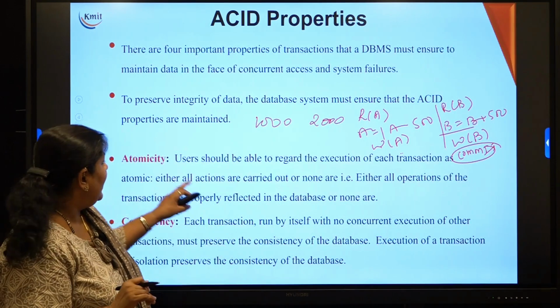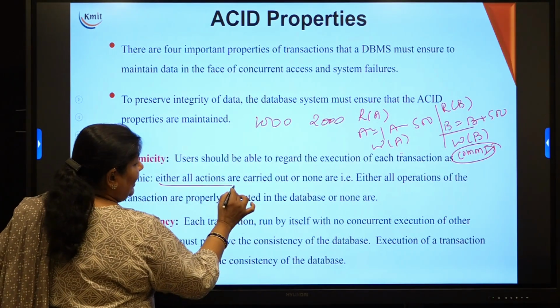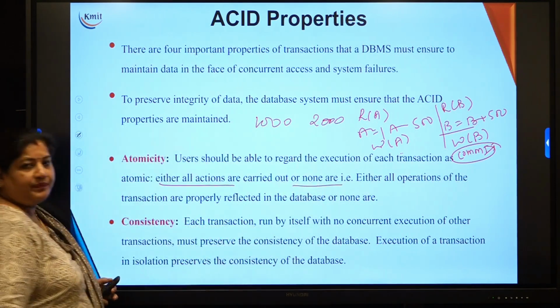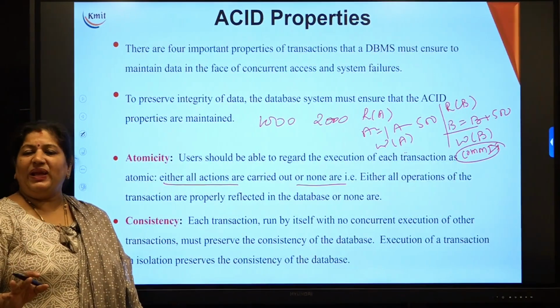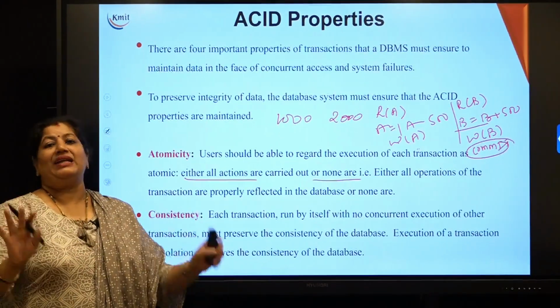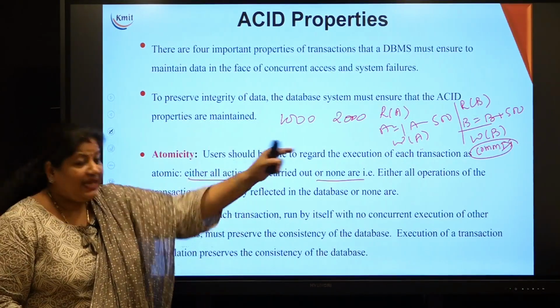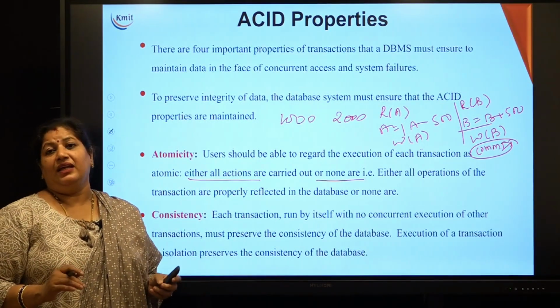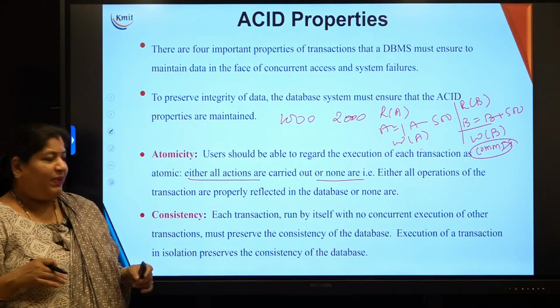That is what the atomicity property says, either all actions or none. Either all the operations of the transaction are properly reflected in the database or nothing. This is atomicity, so that I can ensure that the data is consistent. If you are not able to perform everything, then cancel. Okay, do it from the beginning.